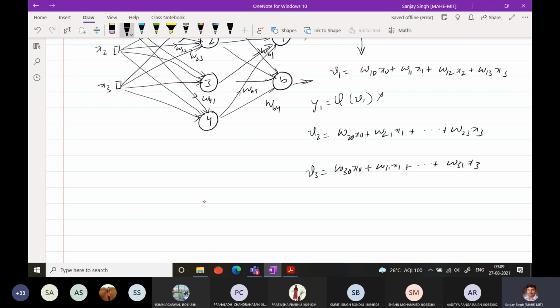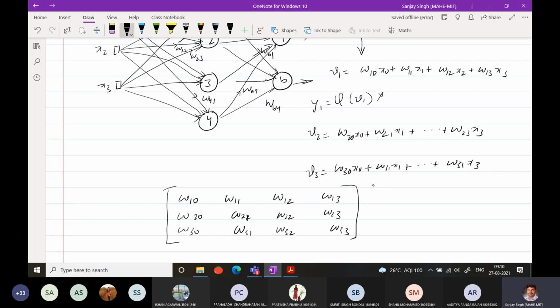When we do this, which you have done in school very early, we write rows: 10, W11, W12, W13, then 20, W21, 22, 23, then 30, 31, 32, 33. When we have something of this form, of course these inputs will be there: x0, x1, x2, x3, etc.